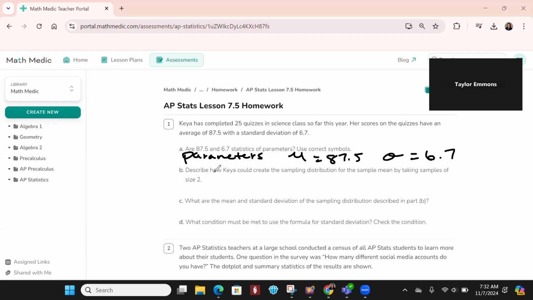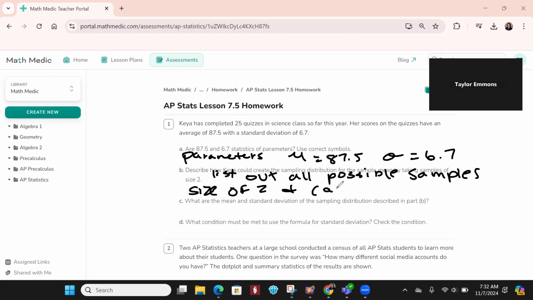She could list out all possible samples of size 2 and calculate the mean for each sample, and then do a dot plot. So this is just talking about the process of how to get from the population to figuring out the mean of each sample and then graphing that data.